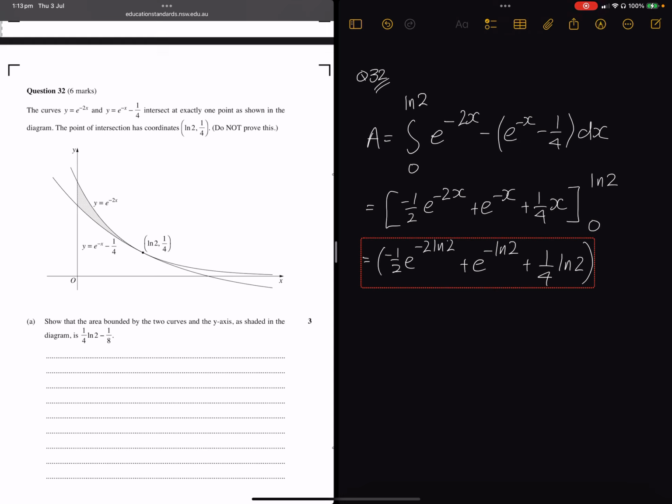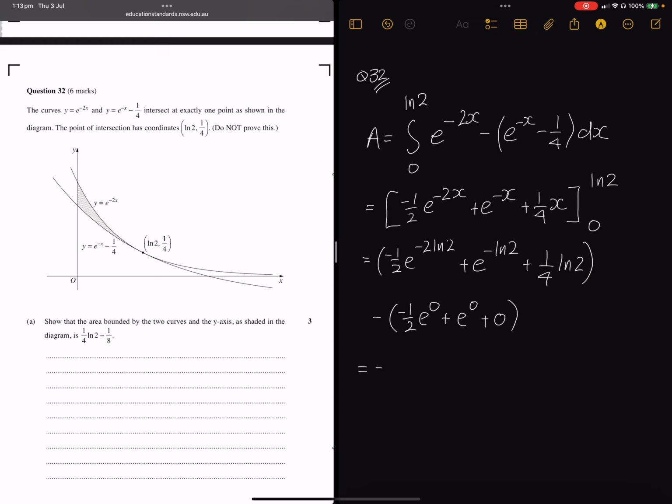So this is minus the evaluation at 0, which is minus a half e to the minus 2 times 0, which is e to the 0, plus e to the minus 0, which is e to the 0, plus a quarter times 0, which is 0. So we can try and simplify some of this straight away.